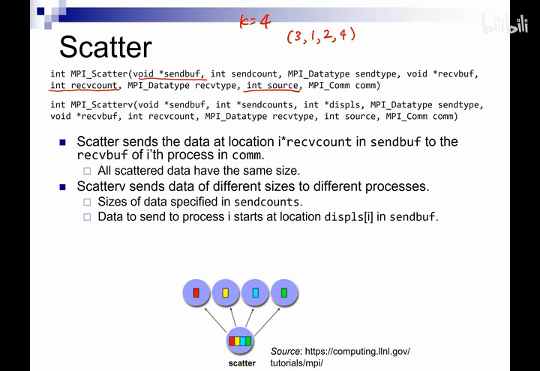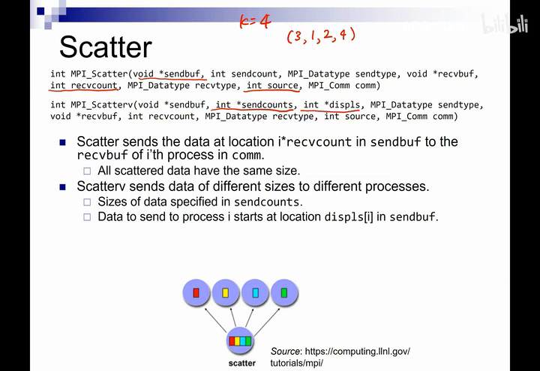I'm going to have a vector specifying how many values I'm sending to each process: 3, 1, 2, 4. In total, I am sending 3 plus 1 plus 2 plus 4, so 10 values. Therefore, my send buffer has to have 10 values in it.